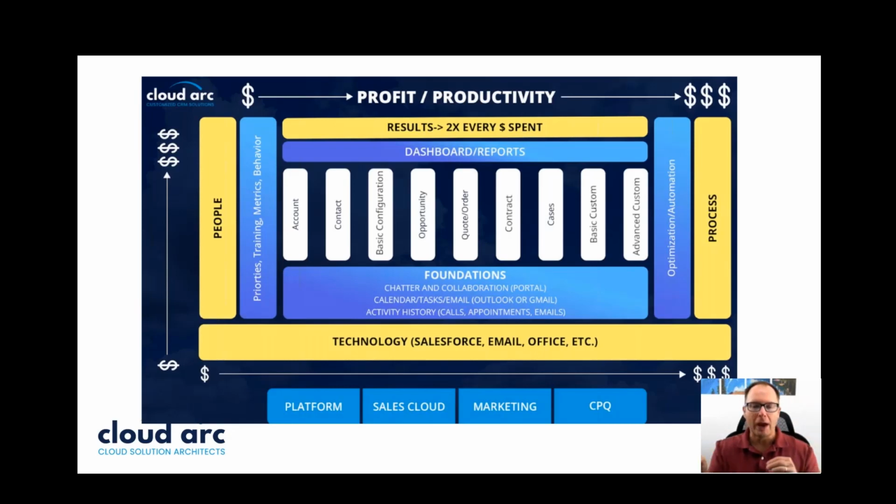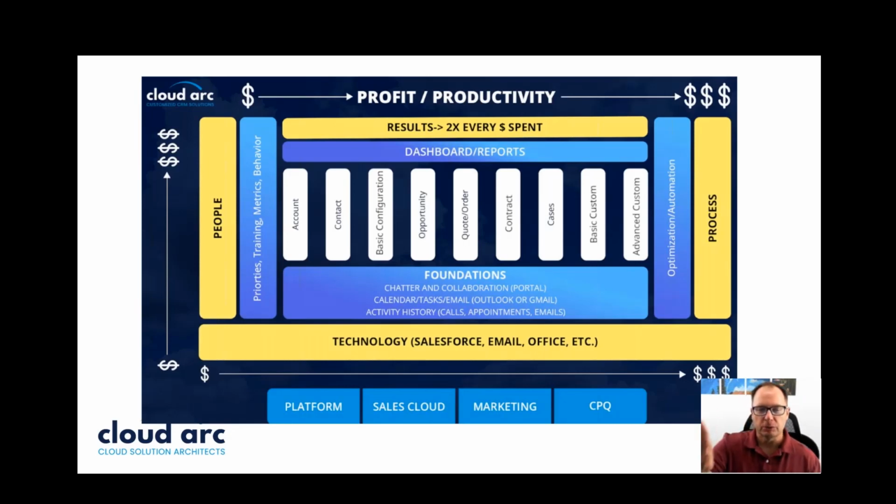Another way that we say that is that successful Salesforce is optimizing Salesforce technology to make it easy for your people to execute the right process. Or put it another way, how do we use Salesforce to make it easy for people to do their job? So we always want to be looking at the technology part and the people and process part to make sure that these things are in balance.